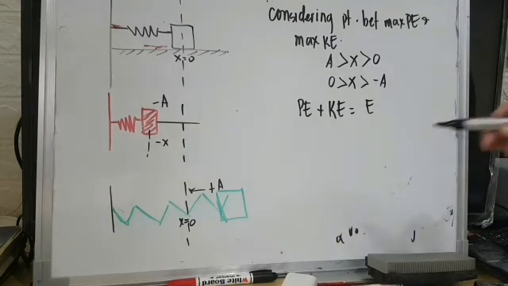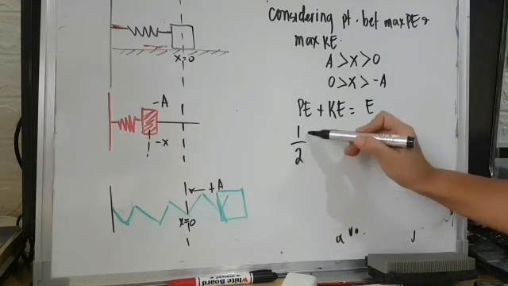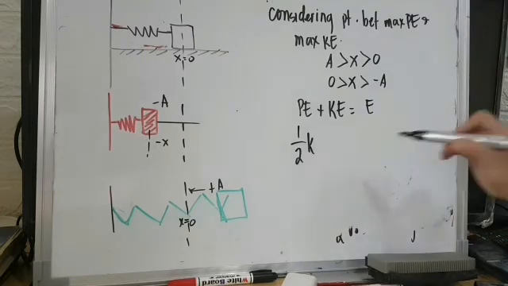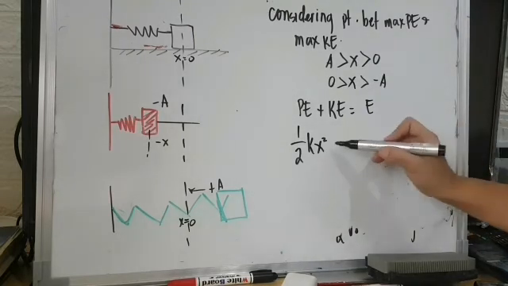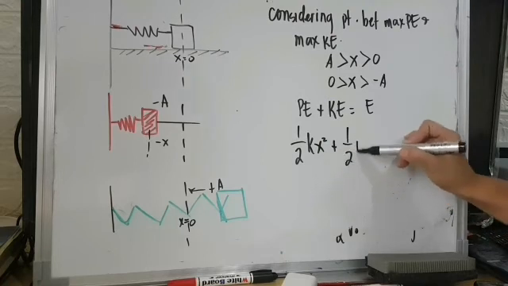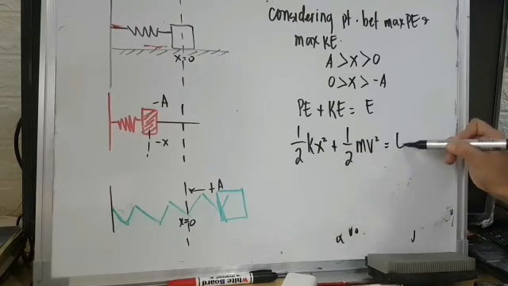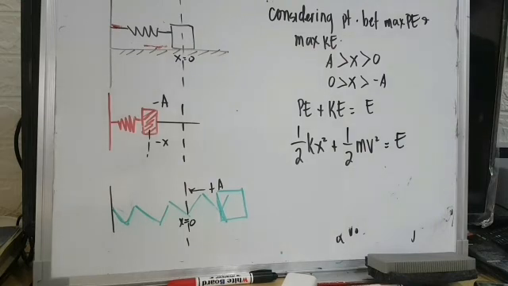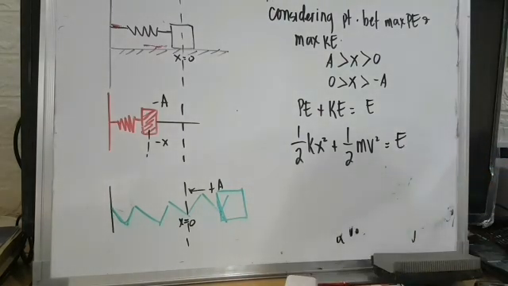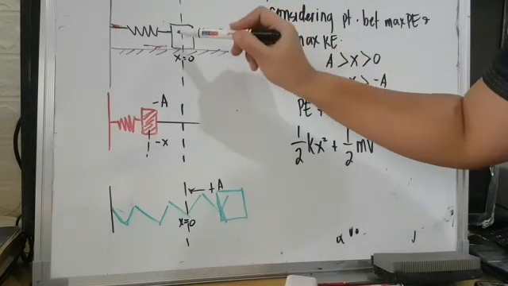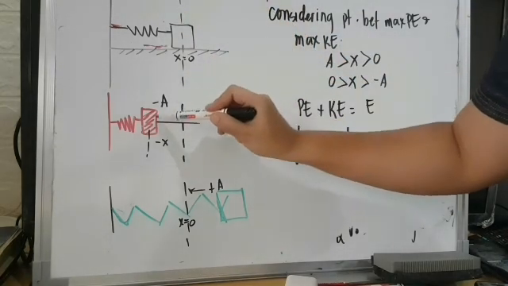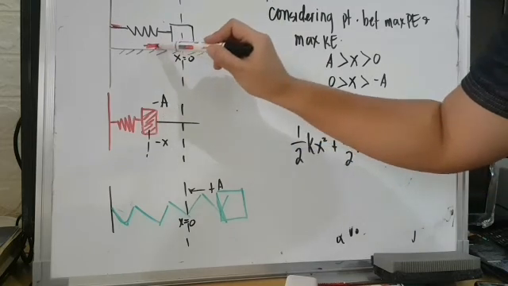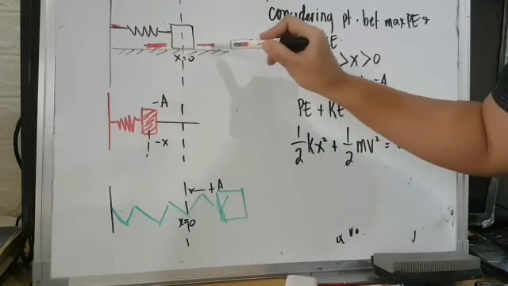So that will become, potential energy is 1/2 kx squared, whatever is the distance, plus 1/2 mv squared equals the total energy. Okay? At the position between the maximum potential energy and maximum kinetic energy. It is around this position.